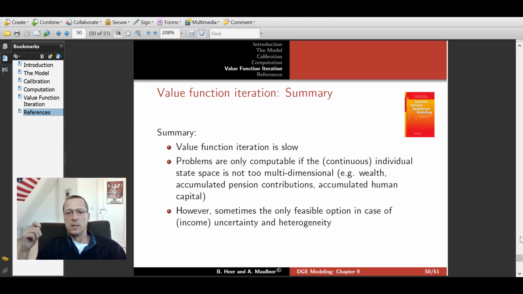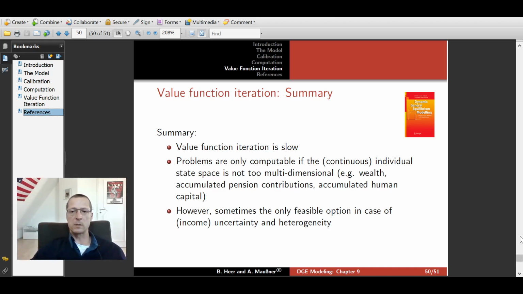So we had an individual state space which had just one continuous variable, which was wealth. But there might be additional variables that might enter your state space. For example, if we look at pensions, and the pension will depend on the contributions that you undertake, well, you also have to keep track of the accumulated pension contributions, a second state variable.